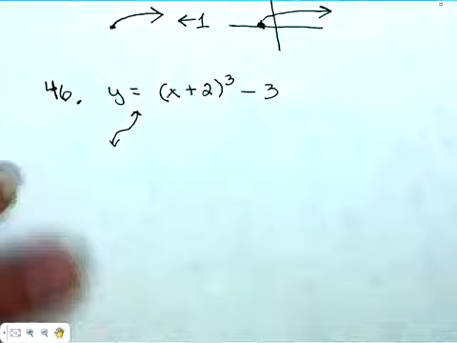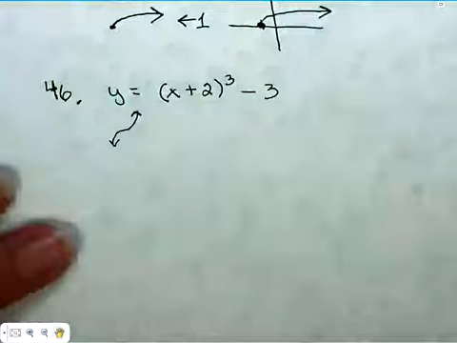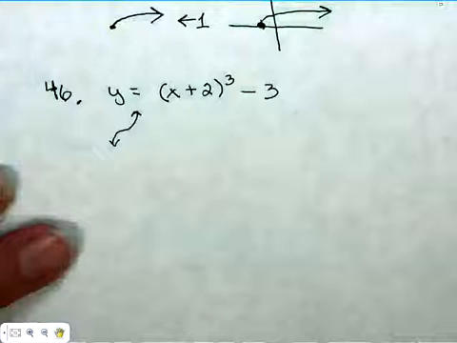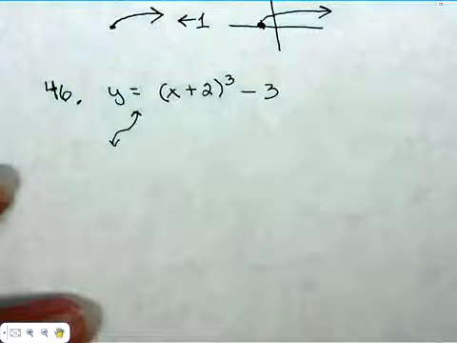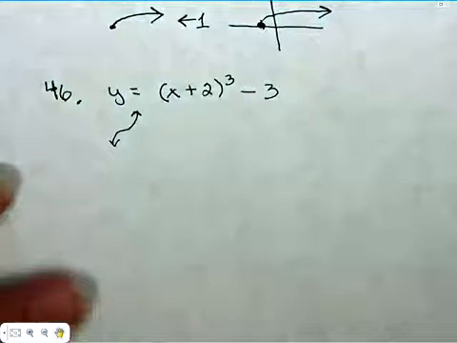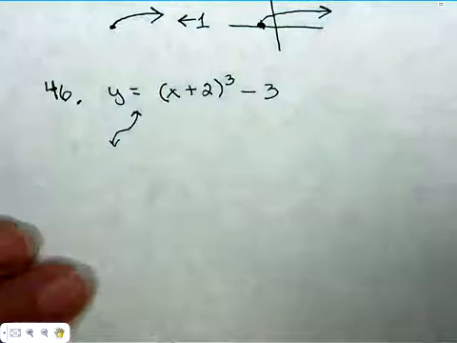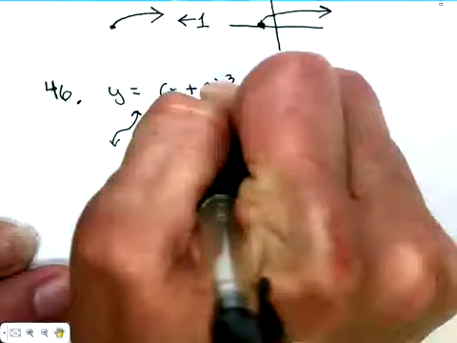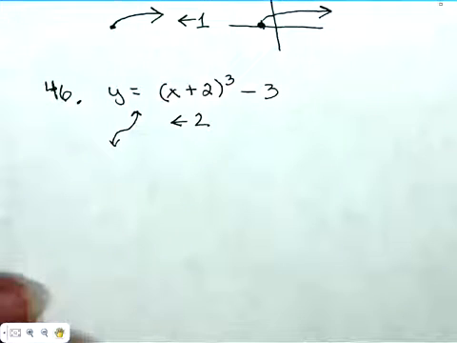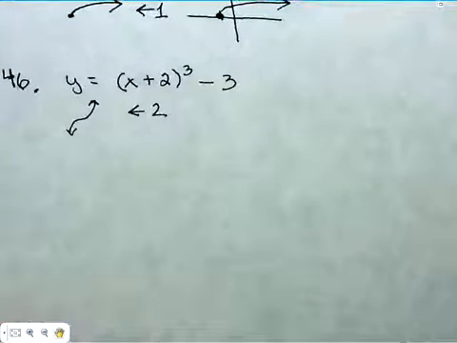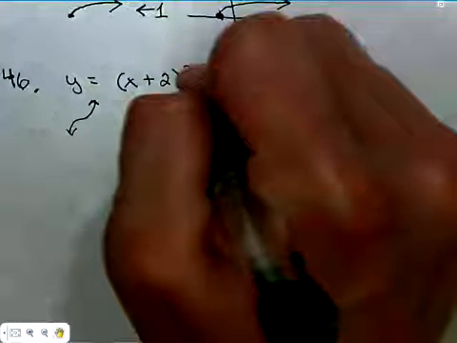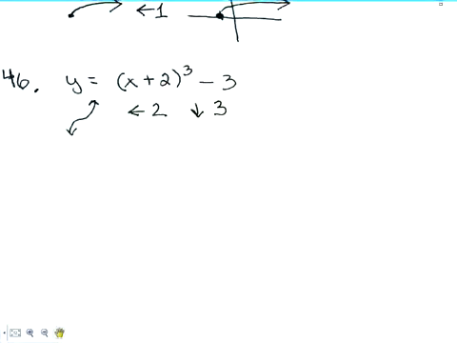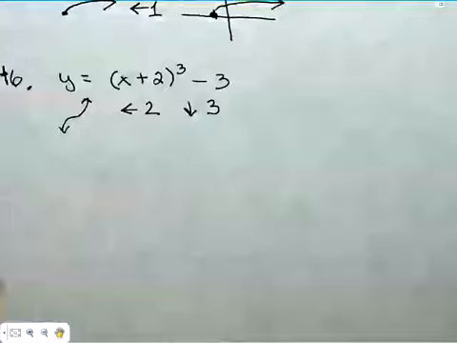What does that 2 added inside the parentheses do to the graph? Moves it 2 to the left. It's a horizontal shift, and the horizontal shift always works the opposite of what you might have guessed. What does that 3 on the end of the equation do? Shifts it down 3. That's your vertical shift, and it works more the way you would expect it to.